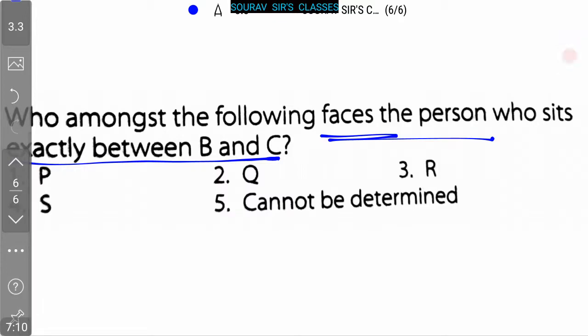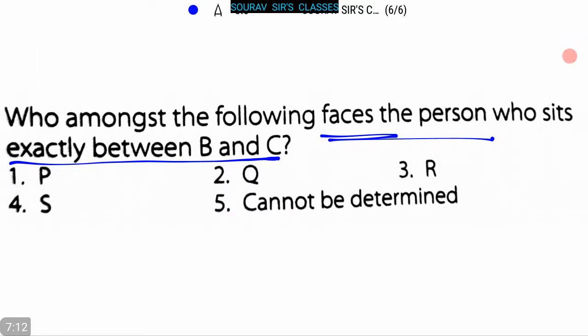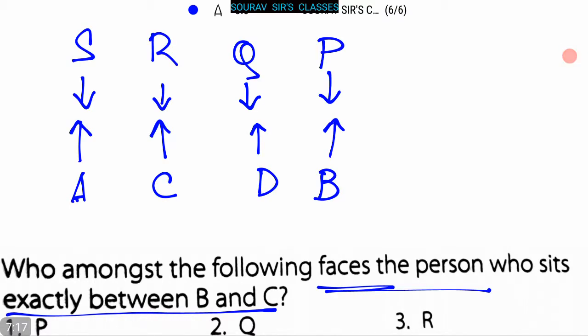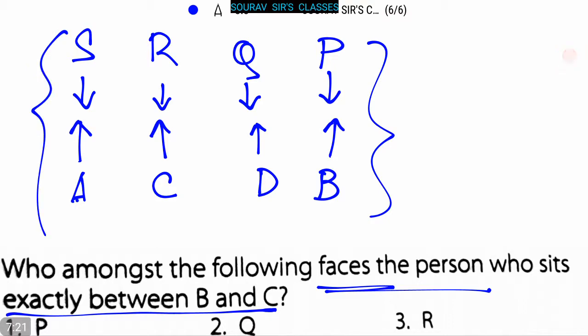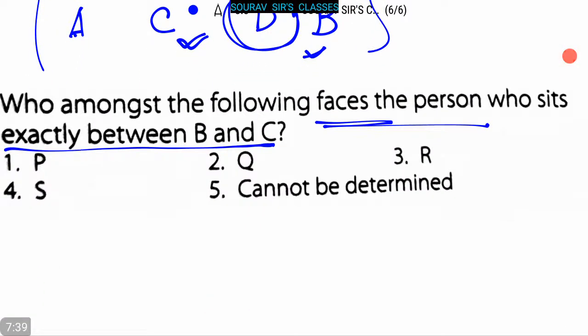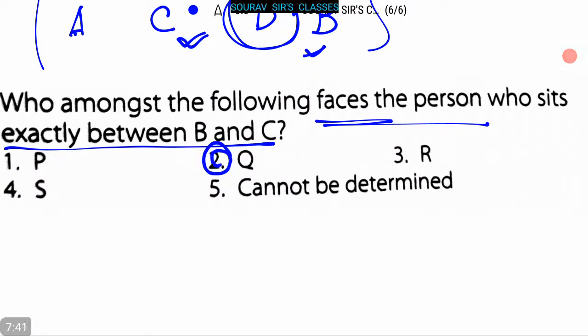So from the arrangement, okay, I have already drawn the seating arrangement here, and we have to find out the person who is between B and C. So here D is the person who is in between B and C. So Q faces D. That's why option 2, that is Q, is the correct answer.